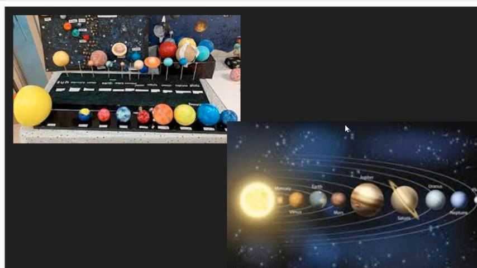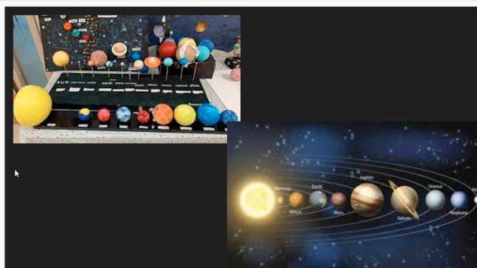Or maybe you're thinking of a diagram or poster you might have seen in a science classroom. Well, these two models are good because they let us know which planets are in our solar system. They also model how the planets revolve around our sun, but these models do have some limitations to them. So today we really want to talk about the actual structure of our solar system.